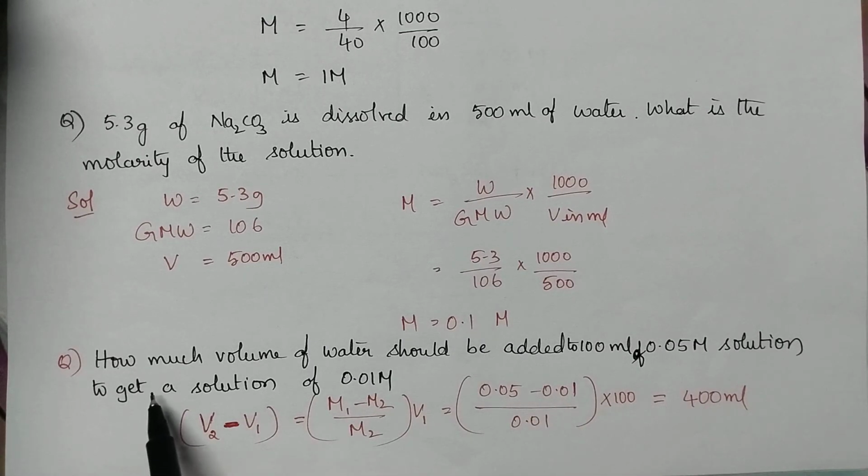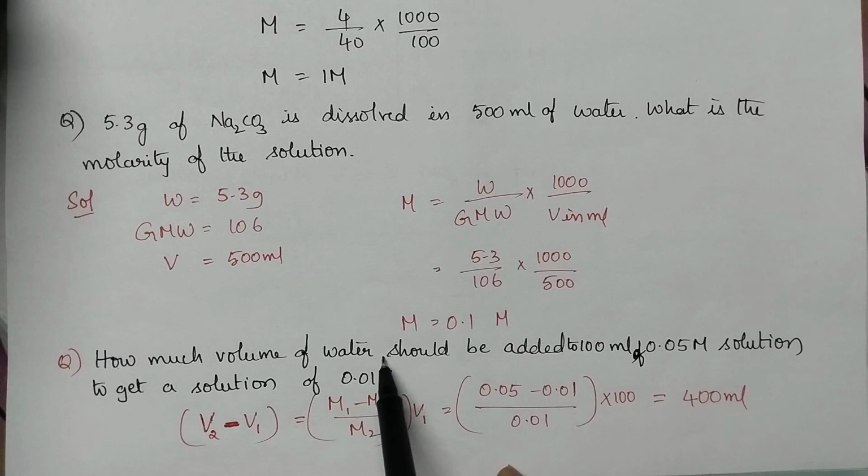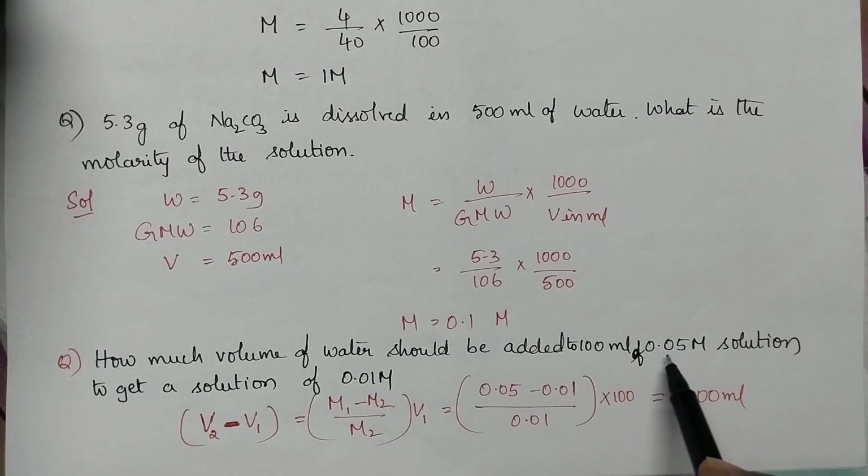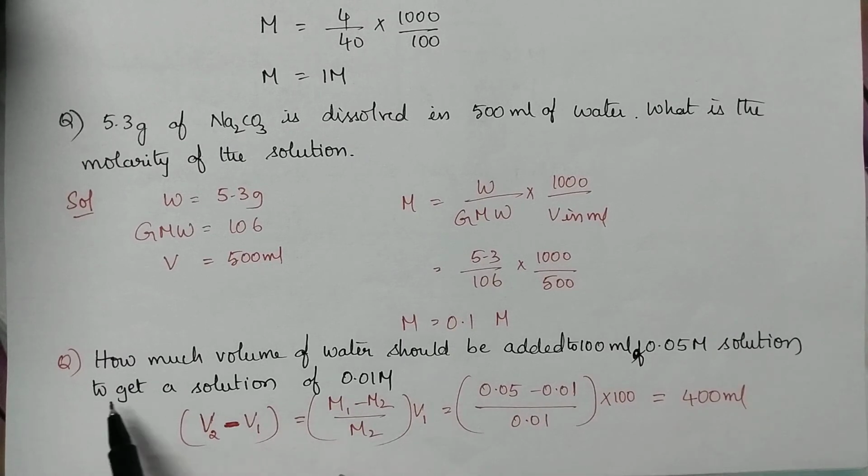Let us see one more problem. How much volume of water should be added to 100 ml of 0.05 molar solution to get a solution of 0.01 molar? Here we are supposed to calculate the volume of water to be added.